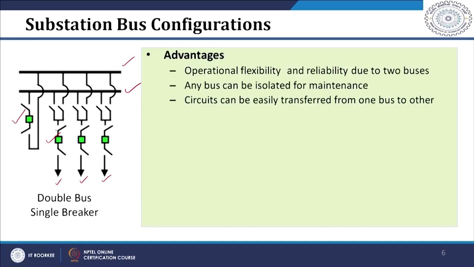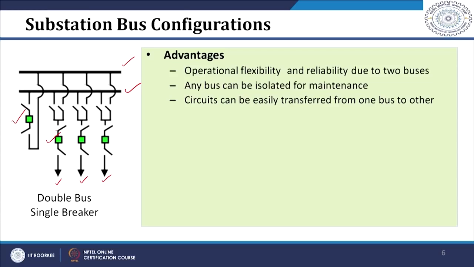Now if you see the advantages of this particular scheme, it has operational flexibility and reliability due to two buses. Since there are two buses, any circuit can be connected to either bus, which gives us operational flexibility. Any bus can be isolated for maintenance.